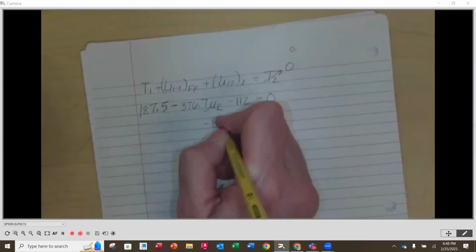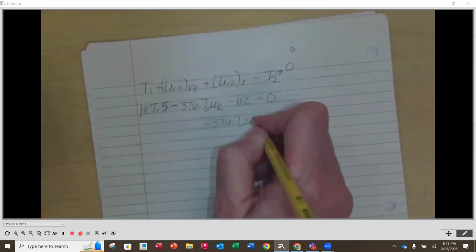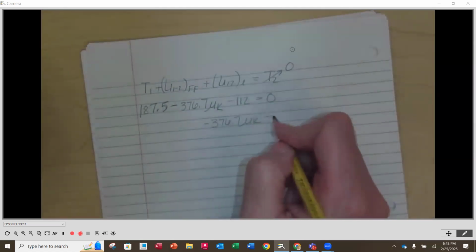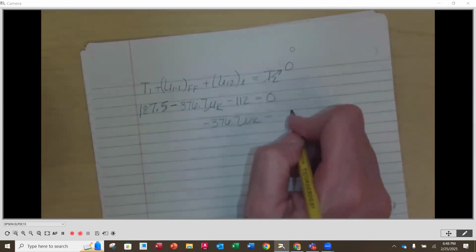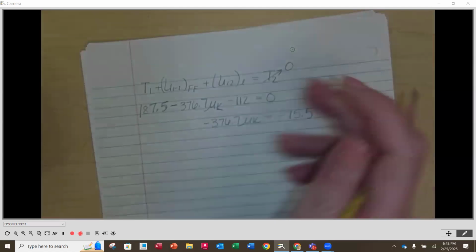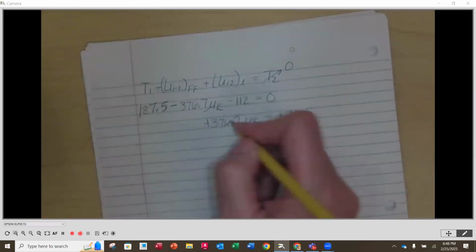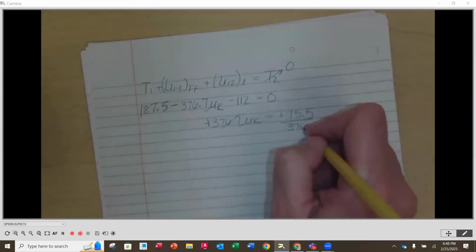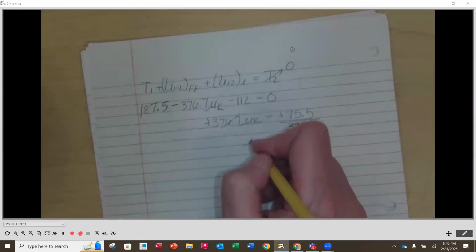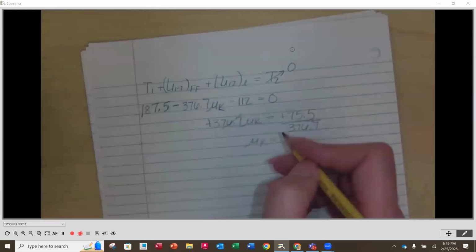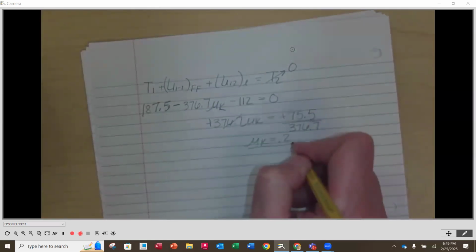So we're going to end up with 376.7 times the coefficient equal to, moving that to the other side, a negative 75.5. Both sides become positive, and then we can divide both sides by 376.7, and our coefficient of kinetic friction is going to be 0.2.